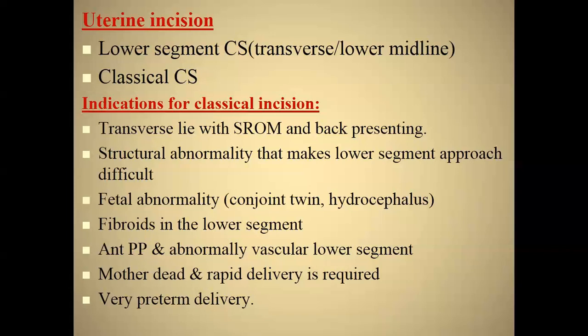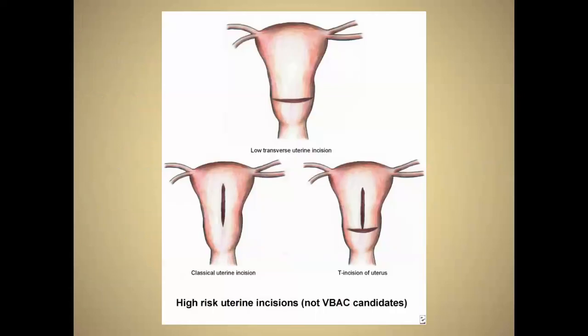You have 5 minutes to deliver the fetus and you can save his life. So you can do a longitudinal incision from the skin through the abdomen, through the uterus and deliver, because you need rapid delivery. Very preterm delivery, where the lower uterine segment is not well formed, you do the cesarean section in the longitudinal type.